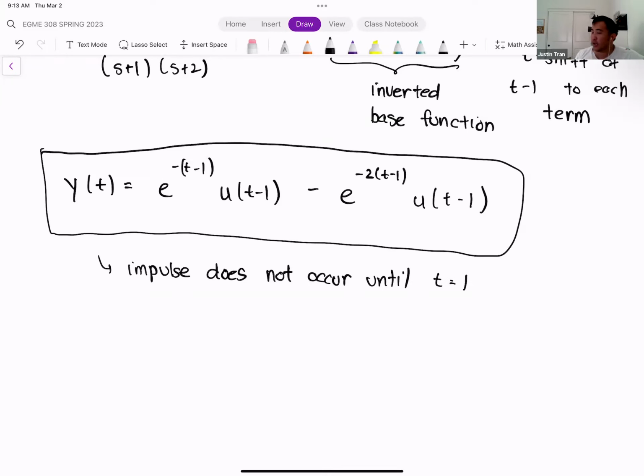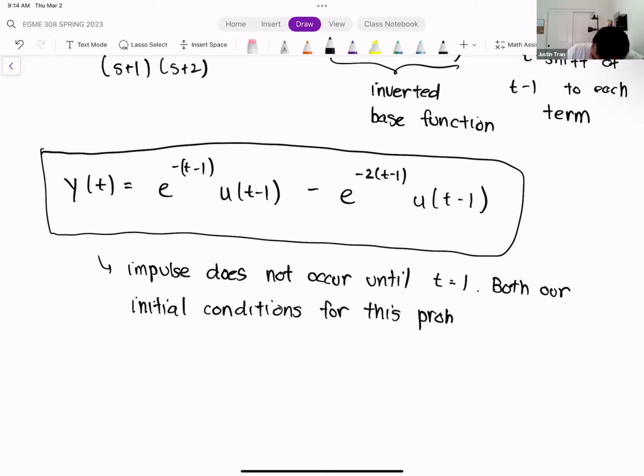And so that means that, in this particular problem, both of our initial conditions are 0. That's not necessarily the case for every function, but for this one in particular, both our initial conditions were 0.